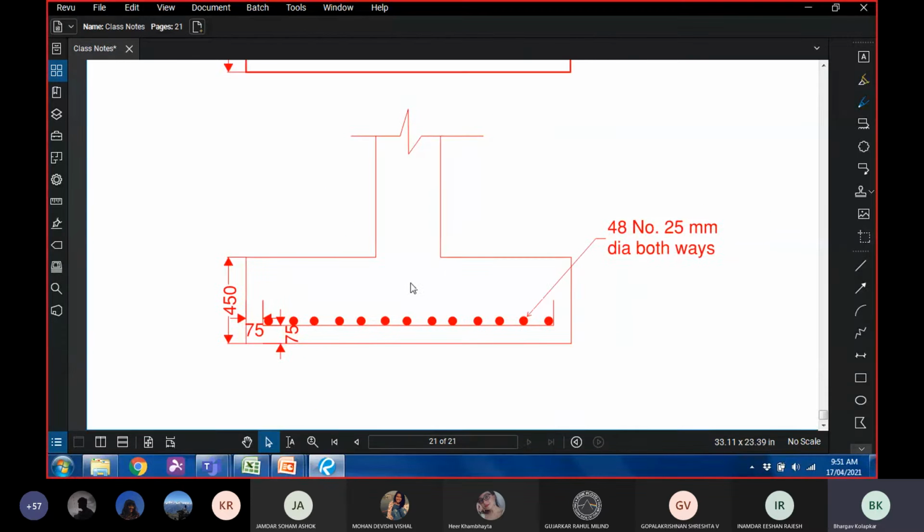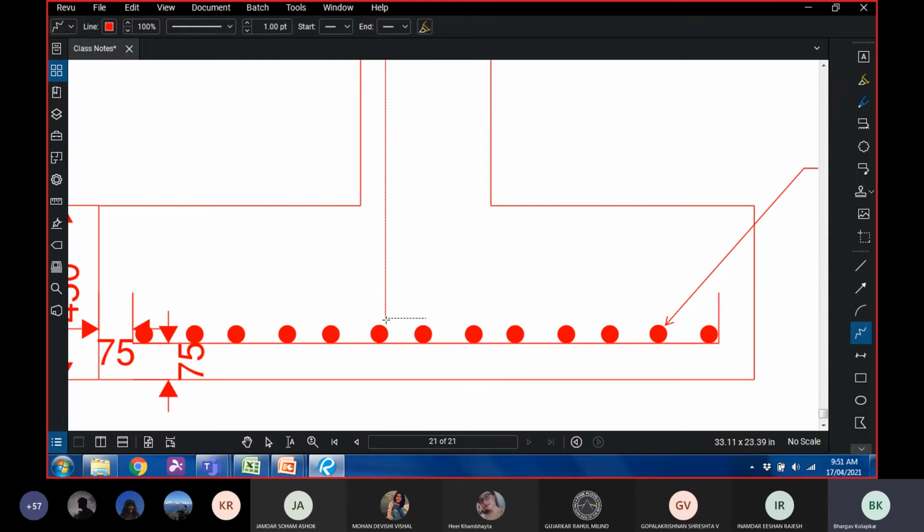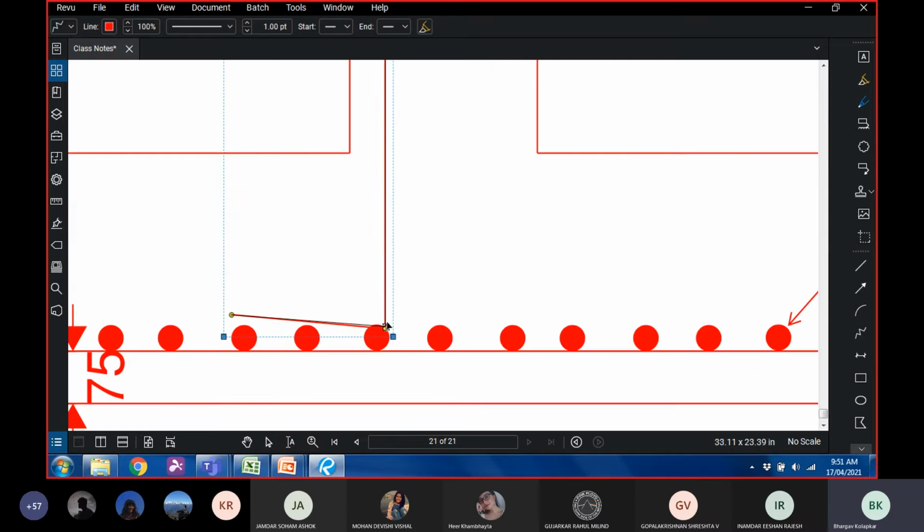Okay. Now, in a good detailing, you will also see the rebar from column. So, just for the sake of it, show this rebar.